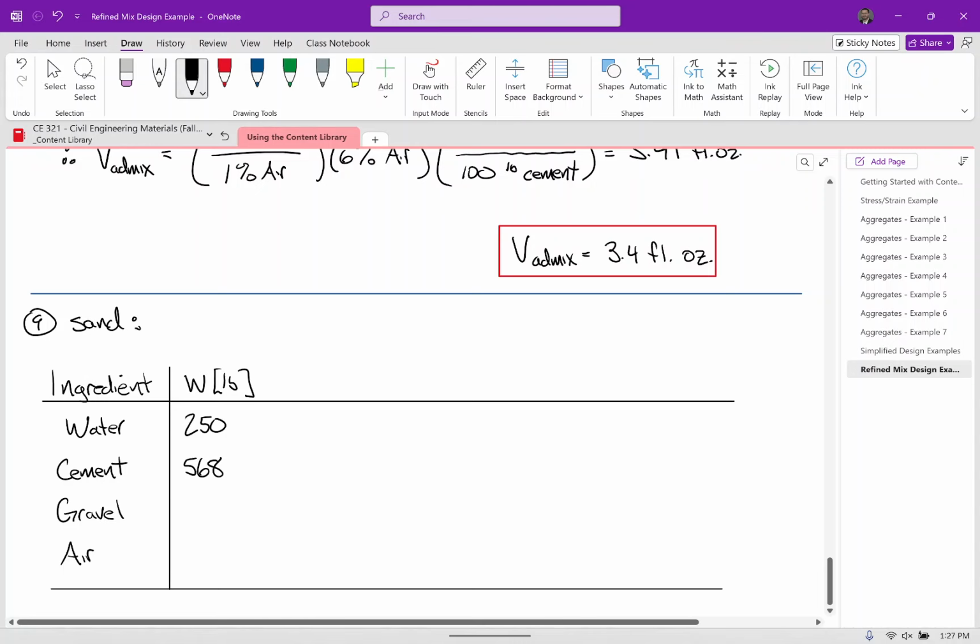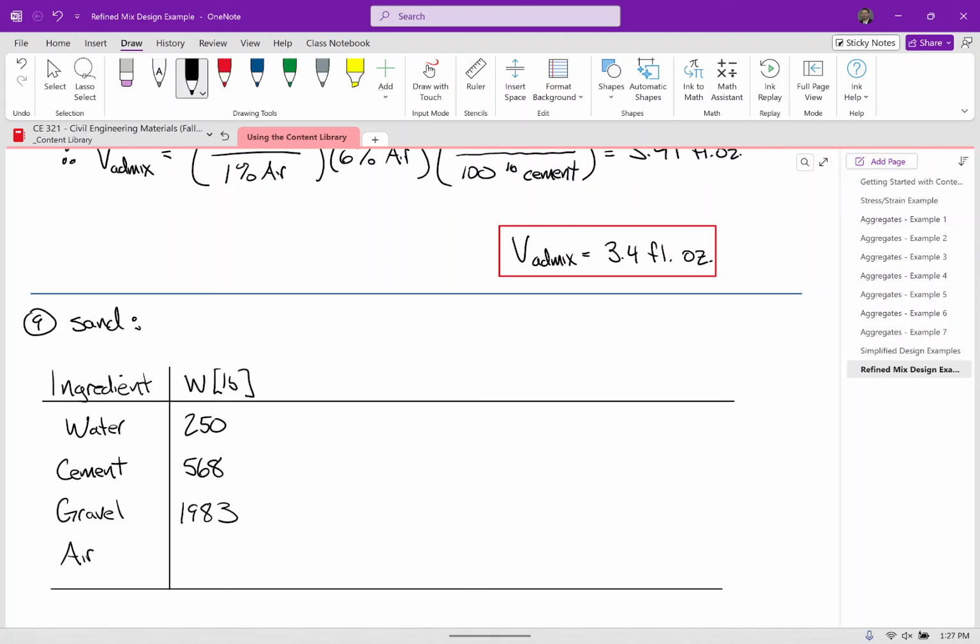The gravel, I think I had 1982.88. Let's call it 1983. Now, the weight of the air doesn't matter, because I don't really have any.